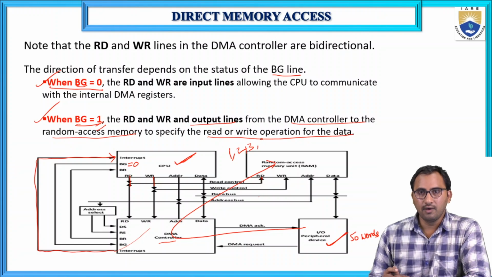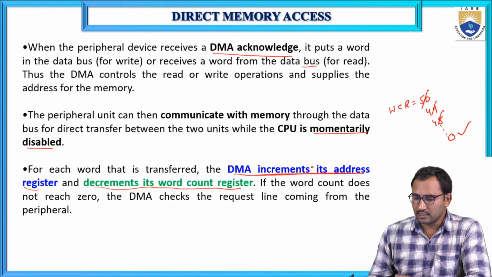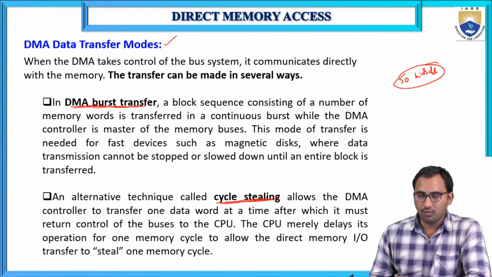So in between every word transfer, the CPU will take the buses and release the control. This process continues until all 50 words of data are transferred from the IO device to the memory. So in cycle stealing, we are sending the data word by word from the IO device to the memory.